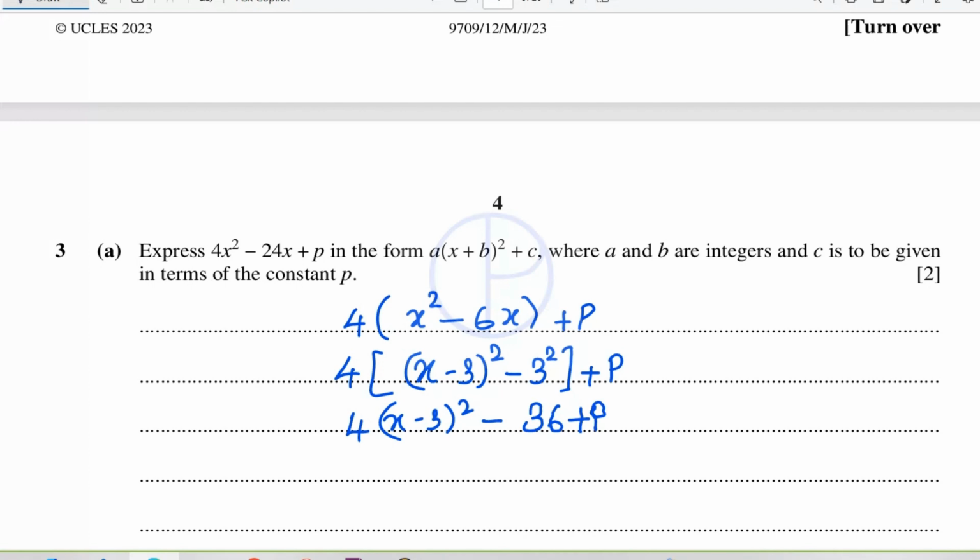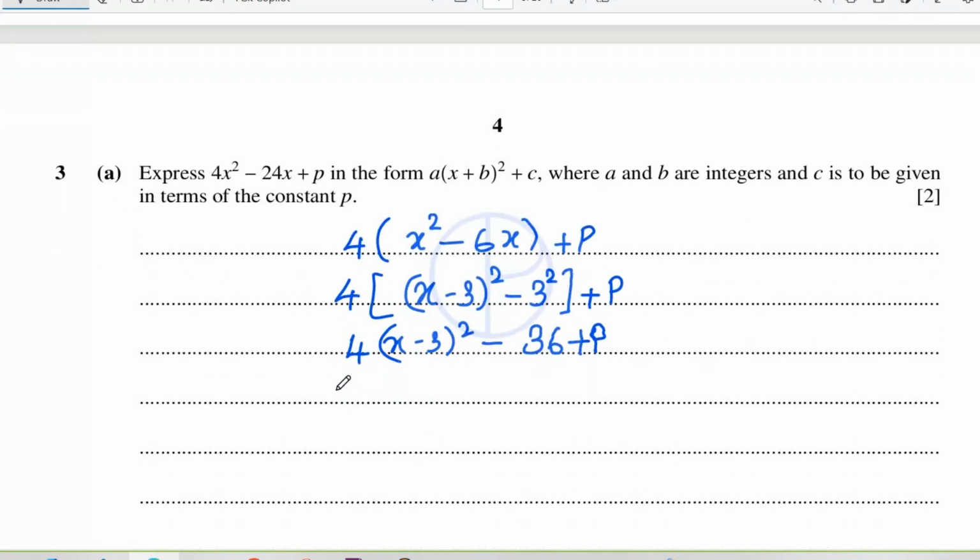So the value of a, by comparing here and here, is 4. b is equal to negative 3. And c is equal to negative 36 plus p.